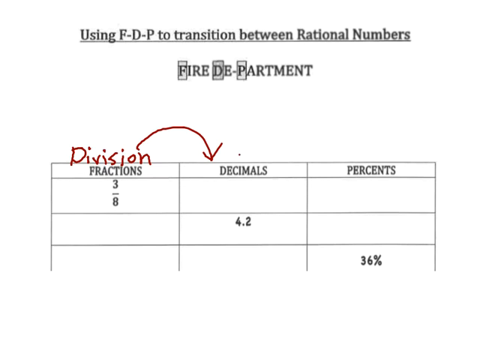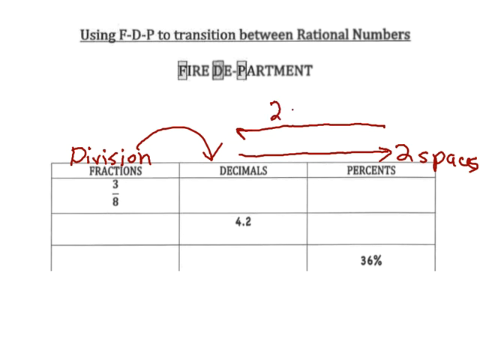Going from decimals to percents, we are moving our decimal 2 spaces to the right. When you are going from percents to decimals, you are going 2 spaces to the left. And that allows you to toggle back and forth between decimals and percents.